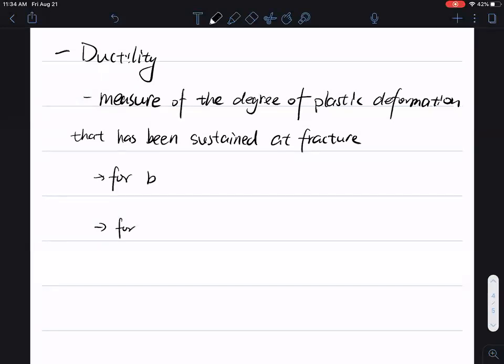Start talk about brittle. So for brittle materials and metal experience little or no plastic deformation.